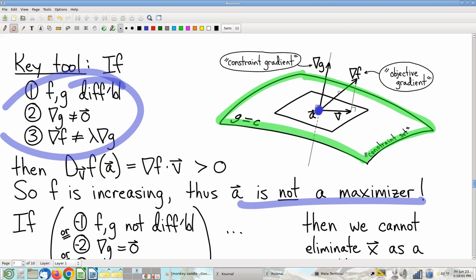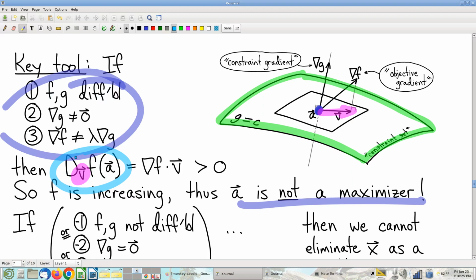What I can do is drop a perpendicular, look at, in other words, a tangent vector that's kind of a projection of that objective gradient. I can go in that direction. I can ask, as I go in that direction, how fast is the function increasing?